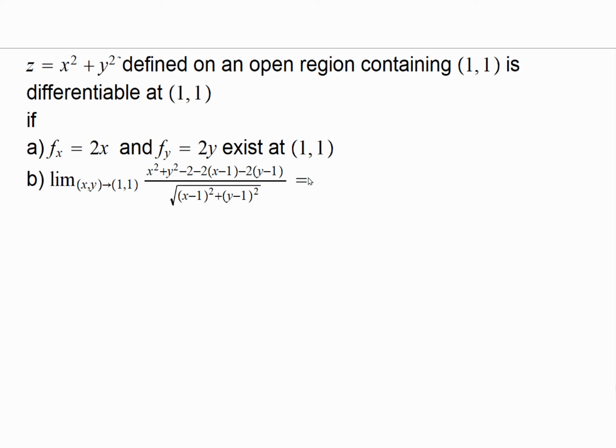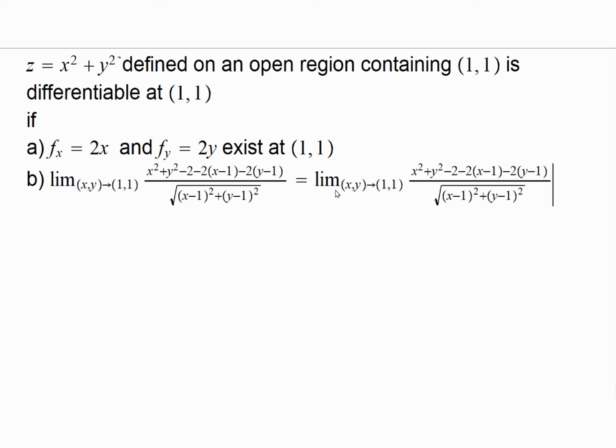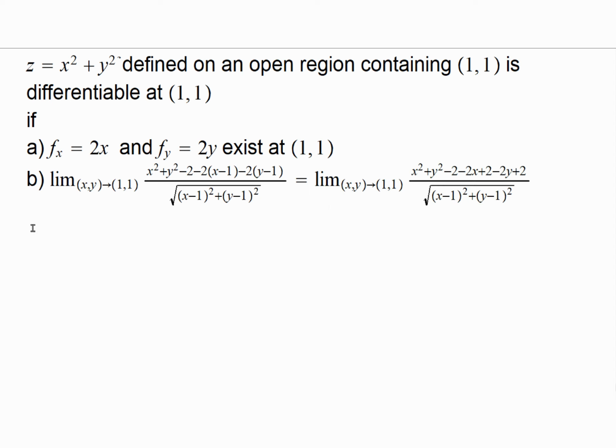So what happens now is that this whole thing is equal to, we have -2 when we distribute on the brackets. This will become a +2, and then we will have another +2. Then this -2 and this +2 will cancel each other.